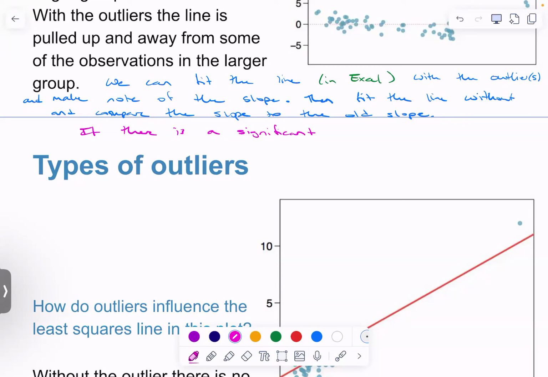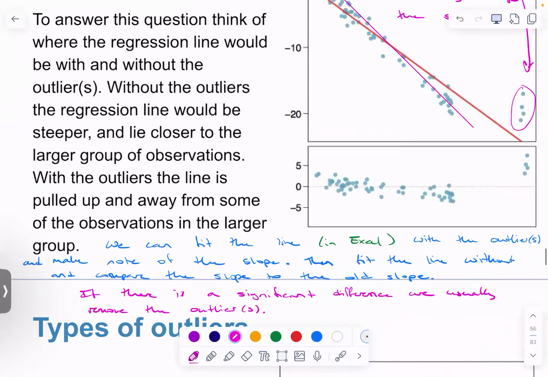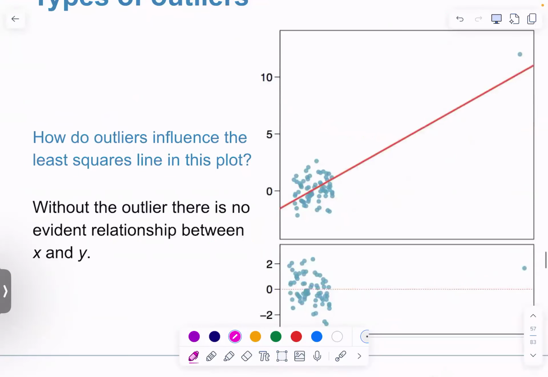But if there is a significant difference, we usually remove the outliers. Potentially more than one. And there are names for the different types of outliers.